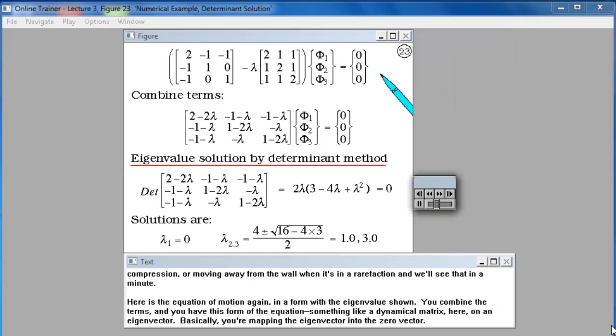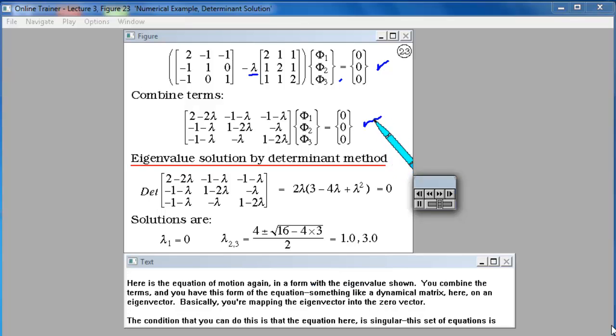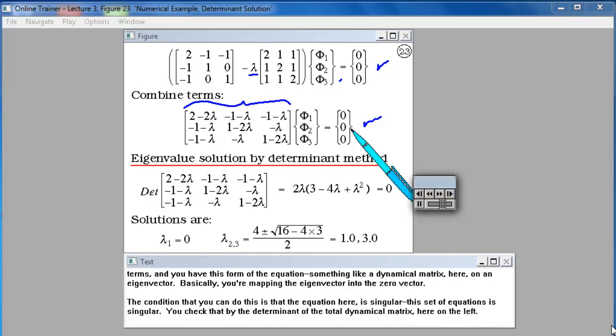Here is the equation of motion again in a form with the eigenvalue shown. You combine the terms and you have this form of the equation, something like a dynamical matrix here on an eigenvector, and basically you're mapping the eigenvector into the 0 vector. The condition that you can do this is that the equation here is singular.